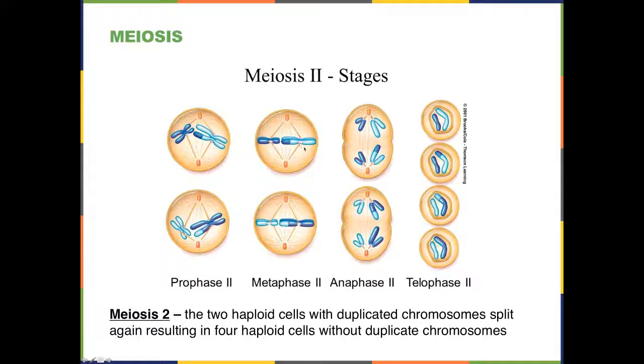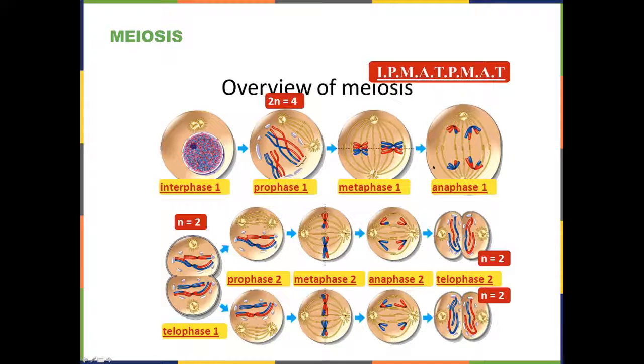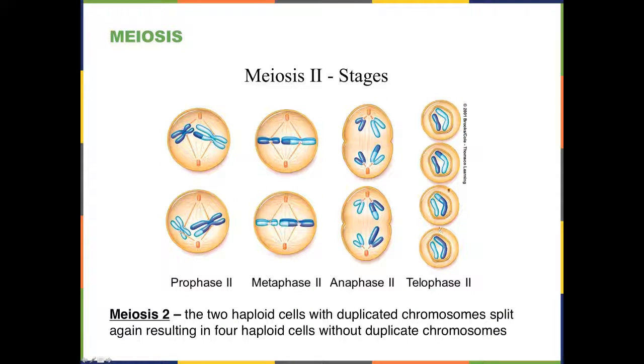Then they line up in the same way, and these duplicated chromosomes are separated, and you end up with 4 haploid cells that do not have duplicated chromosomes. So you start out with 2 haploid cells with duplicated chromosomes, and they're split, and you end up with 4 haploid cells without duplicated chromosomes.